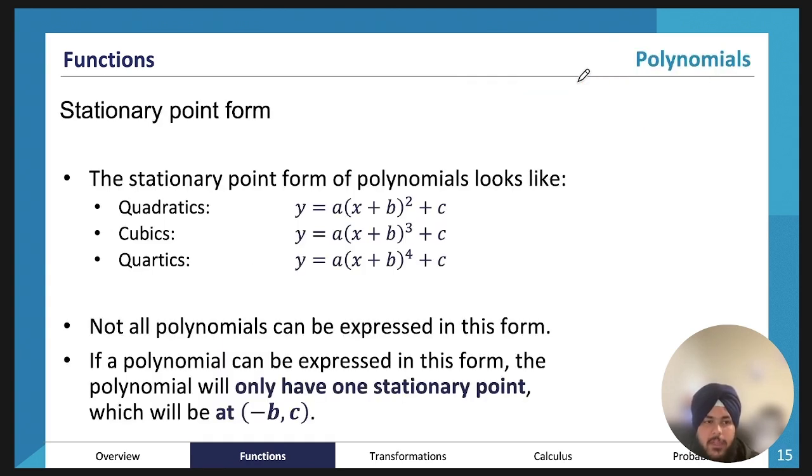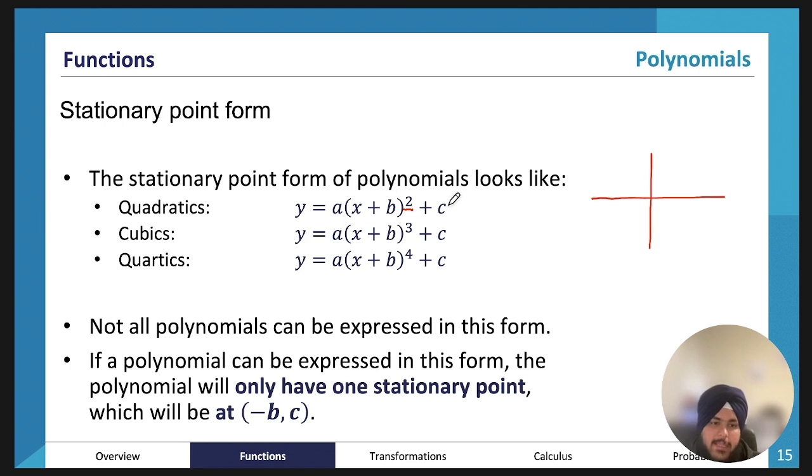Another form that we usually use is the stationary point form. A stationary point form is essentially where the graph is giving us information about the stationary point of inflection. So for example, if we have a(x plus b) squared, and like I said, if it's squared, then the graph needs to form a quadratic at that particular point.